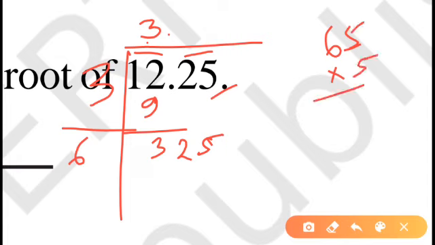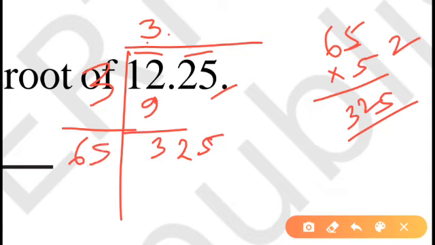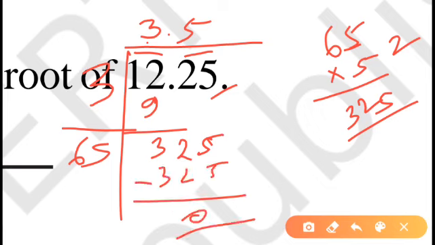So 65 times 5: 5 times 5 is 25, write 5 and carry 2, and 5 times 6 is 30, plus 2 is 32. So it is 325. So I will write 5. On subtracting, we got the answer 0.